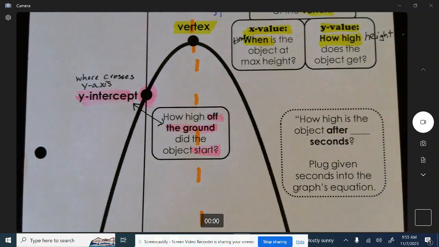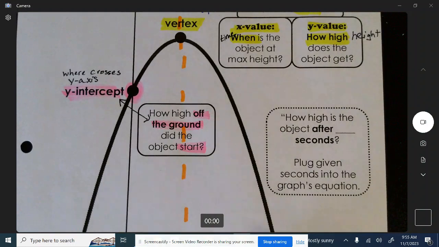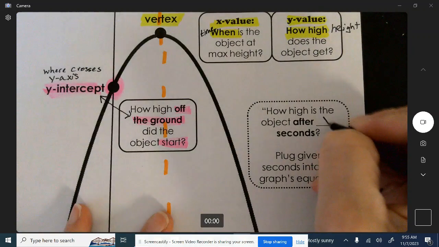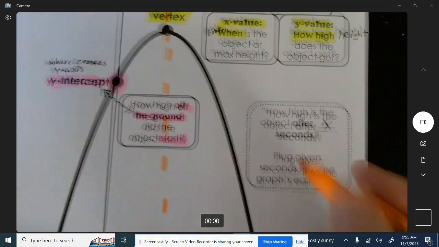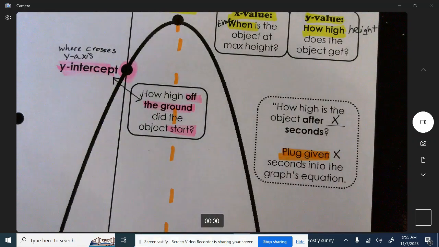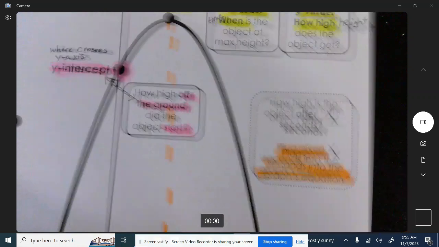Now, if we have any x that we want to use, like how high is the object after, let's say, 2 seconds or 3 seconds, then we plug that given x into the graph's equation.